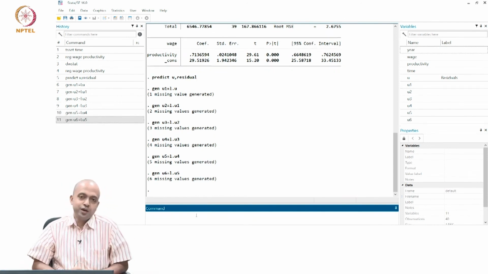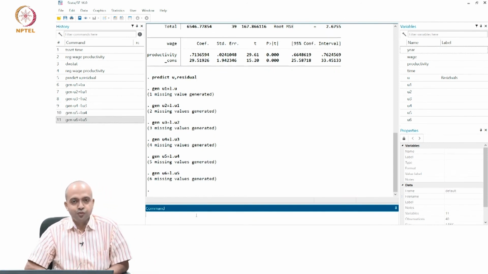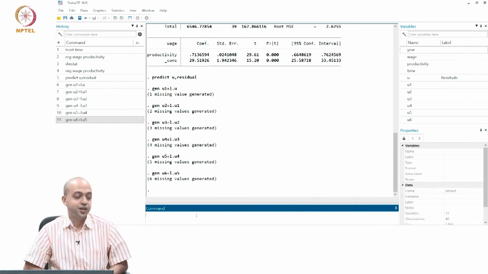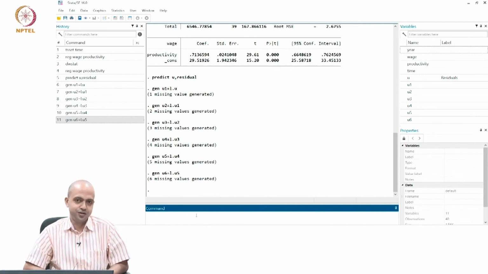So, we have generated ut minus 1 hat, ut minus 2 hat, ut minus 3 hat, ut minus 4 hat, ut minus 5 hat and ut minus 6 hat. All the lagged values of the error term we have created by using the L dot command. L for lag: L dot a particular variable creates the lag value for that variable.